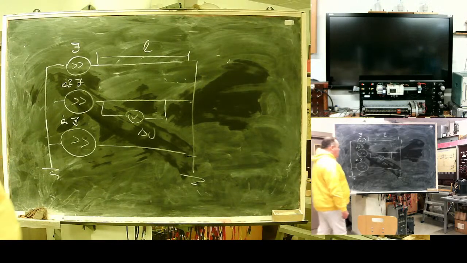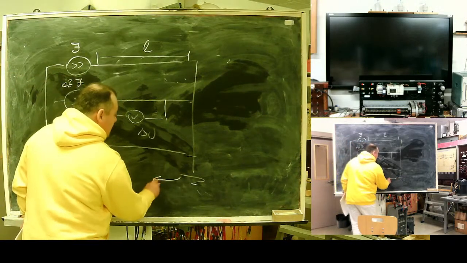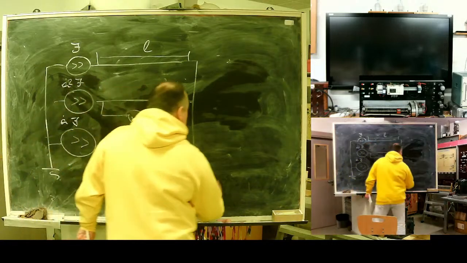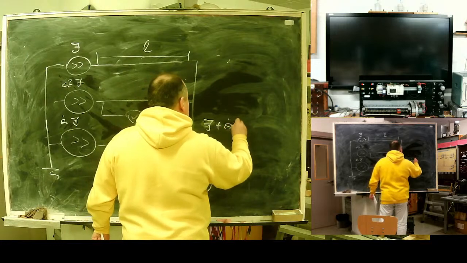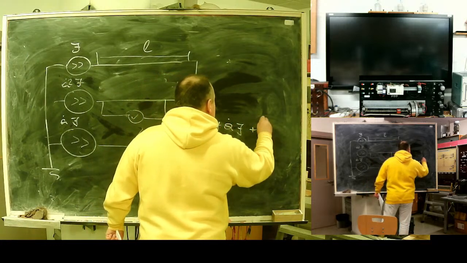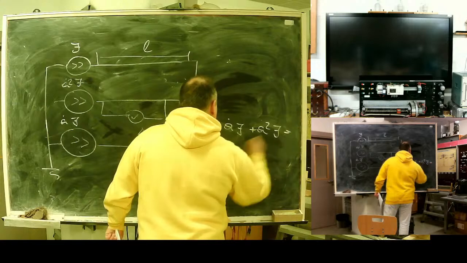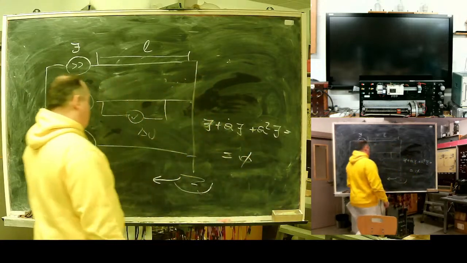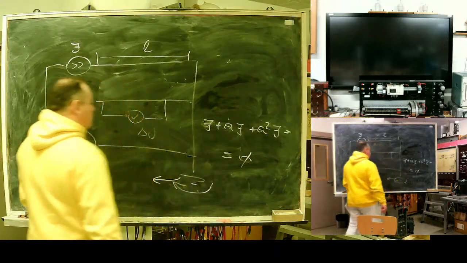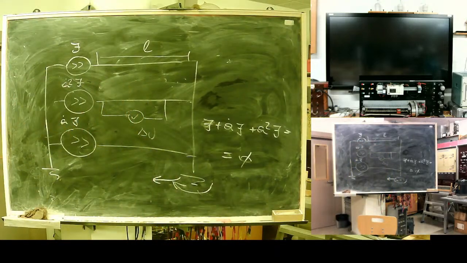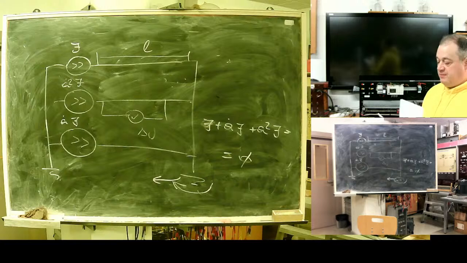Absolutely no crime. Why? Because here this current will be 1 plus A plus A squared equals to 0. I can do it. And nobody stops me.